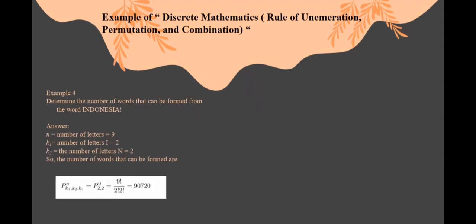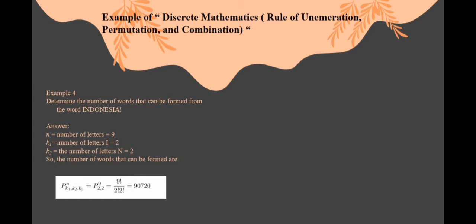Example 4. Determine the number of words that can be formed from the word Indonesia. The answer: n is the number of letters, which equals 9. K1 is the number of letters I, which equals 2. K2 is the number of letters N, which equals 2.